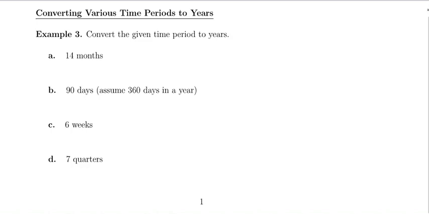The other thing you absolutely have to know how to do throughout chapter 3 is convert various time periods to years. Like I said, you're going to encounter a lot of financial formulas in this chapter, and every single one of them is going to involve a time value. Think about it.